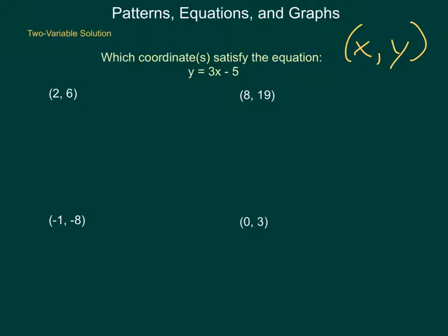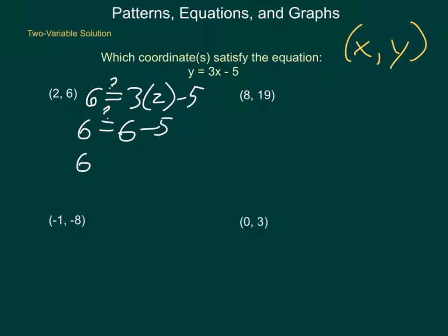Well, the way we check this is we substitute the values in. So where I see the y, I'm going to replace it with a 6, and I want to know, does that equal 3 times 2 minus 5? Well, the left-hand side is already simplified, it's 6. The right-hand side, 3 times 2 is 6. We subtract 5. We end up with 6 equals 1, which is not true. So no, this is not a solution to this equation of two variables.